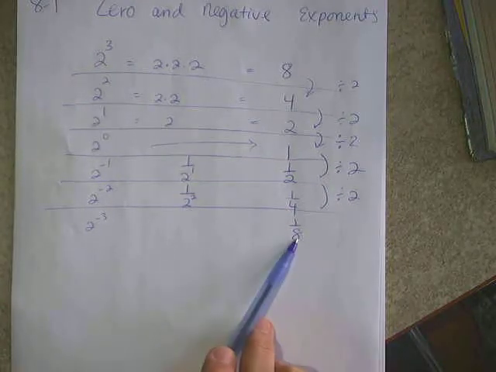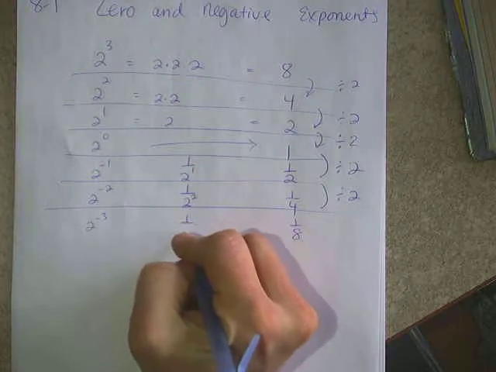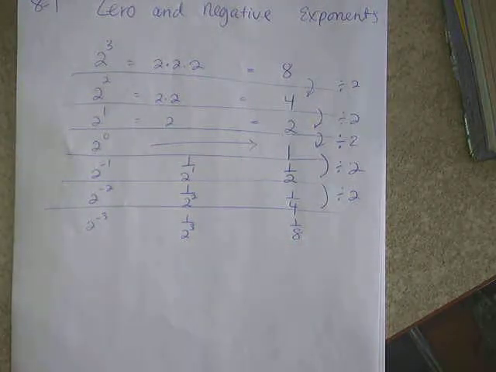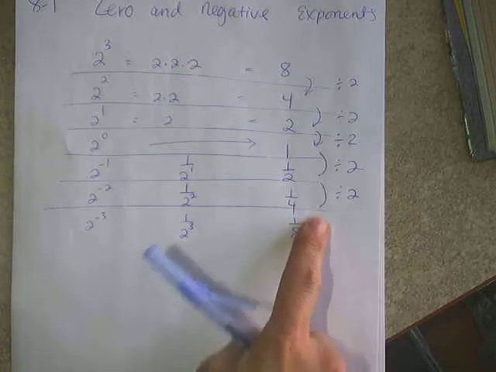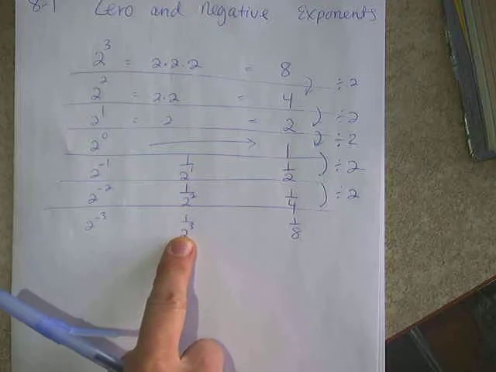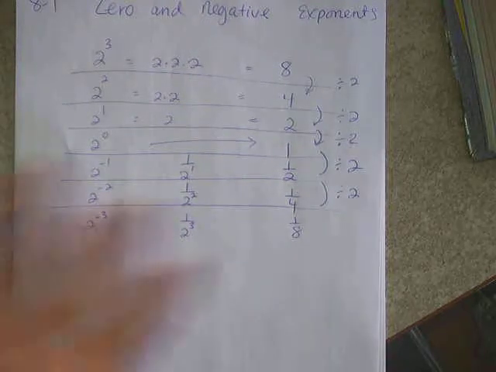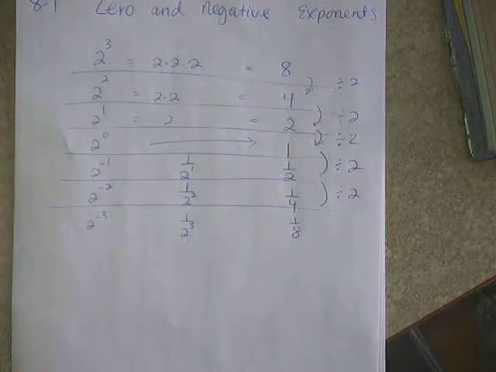So this becomes 1/2 squared. And this becomes 1/2 cubed, right? Because we just keep dividing by 2, but this is equivalent to that.